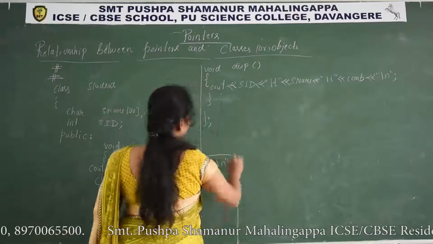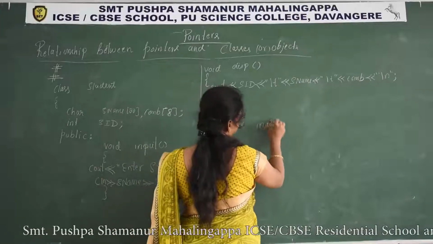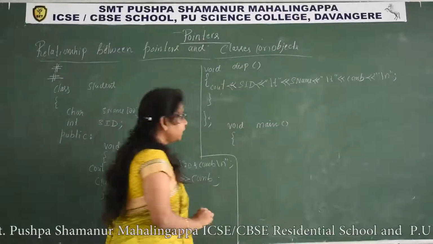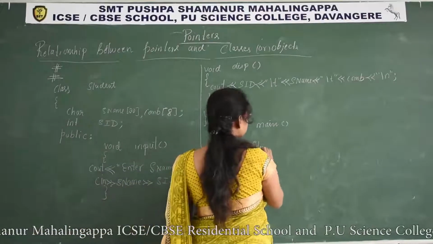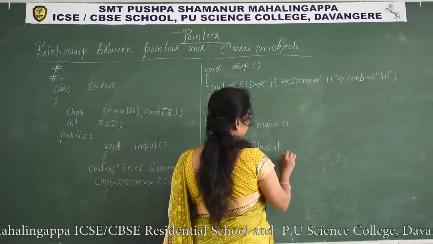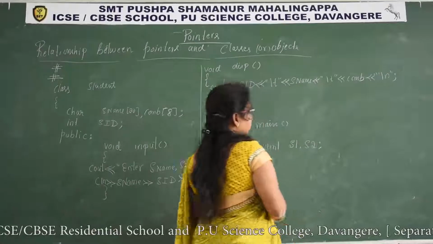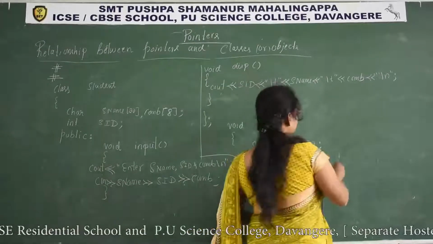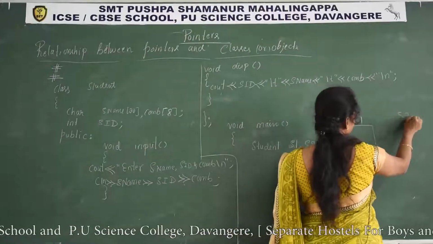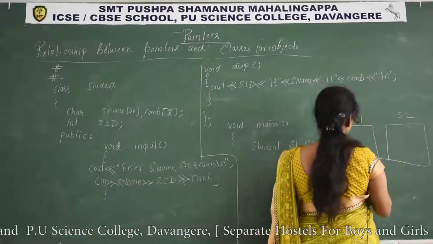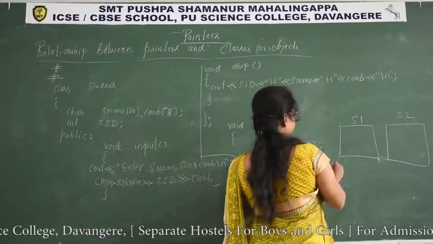Main, let us write a main function here, void main. I want to read 2 student details here, so I have to create objects. The data type is student, S1 and S2 are the objects. You all know when we declare objects, memory will be allocated for these two objects, S1 and S2 also.